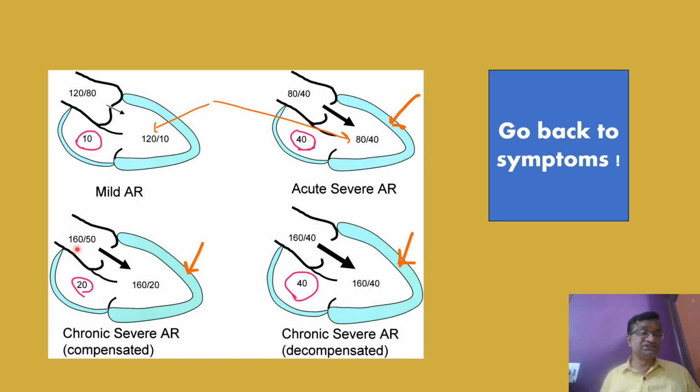But 160 by 50, maintenance is there. Here, if it is 40, gone. LA pressure is 40. But anyway, it will try to push something. Here, it cannot push. The ventricle is not ready. The BP comes down. The LA pressure becomes 40 in acute, severe AR.